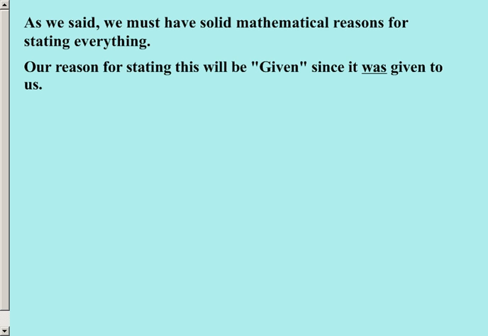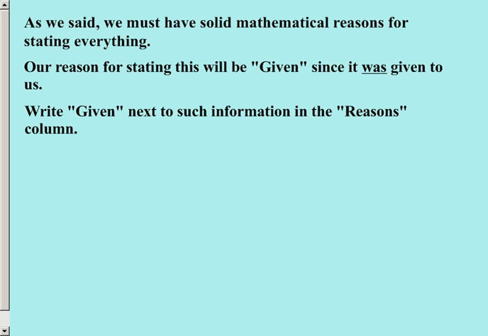We don't know where it came from. We don't know what they saw that led them to believe that that information was true. But since it was provided for us by the diagram, it is true by whomever constructed the diagram. So when it comes time to actually fill in information in the chart, we are going to write given next to that type of information that shows up in the reasons column.